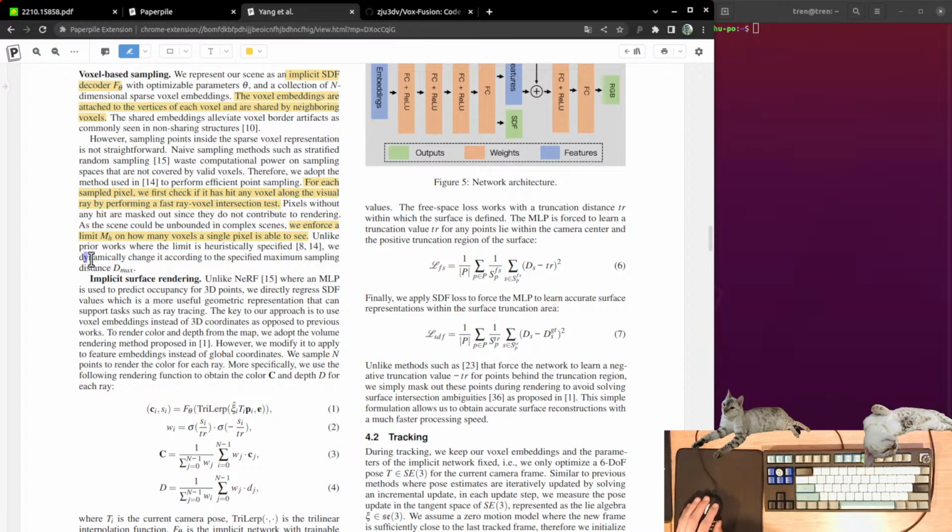They dynamically change this limit based on the maximum sampling distance D_max. Like NeRF, where the MLP is used to predict occupancy, but they use voxel embeddings instead of 3D coordinates.